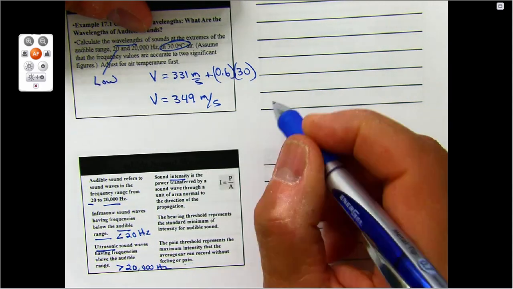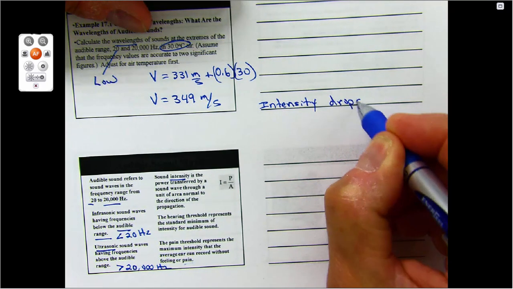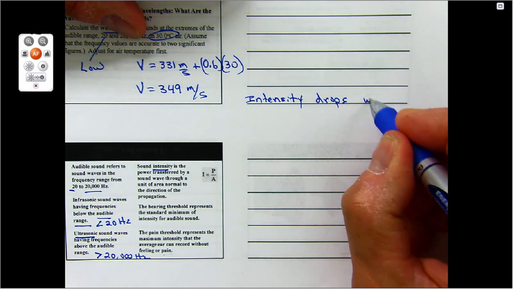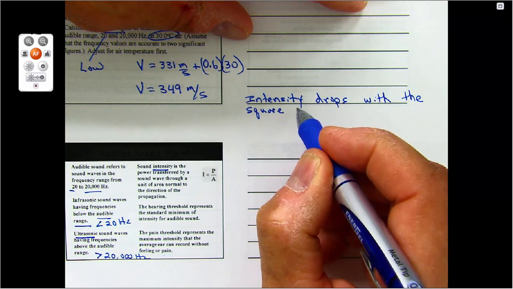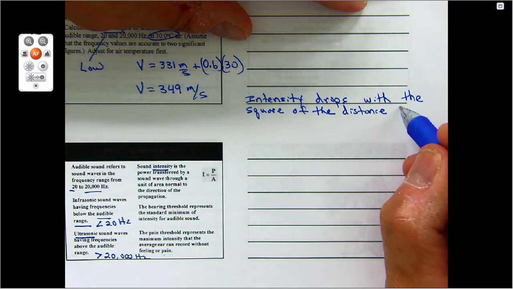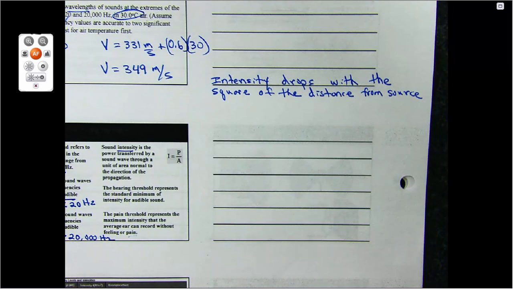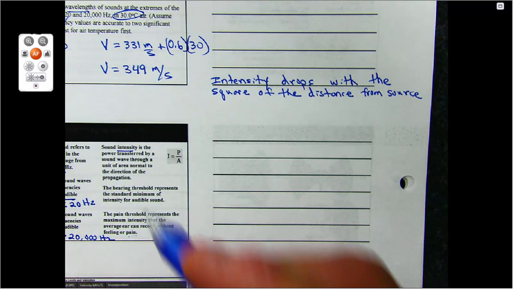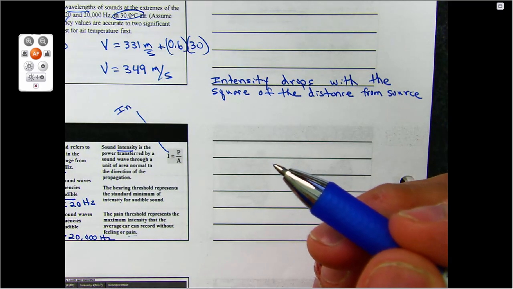So it actually looks like this. First of all, intensity drops off with the square of the distance from the source. This right here?